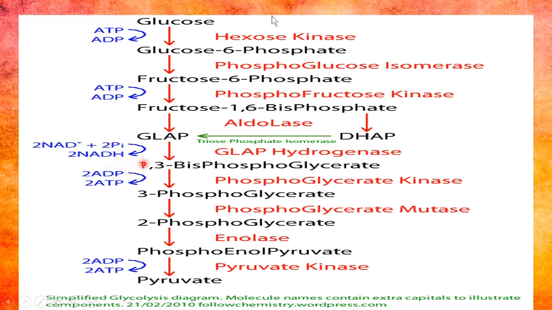During this reaction, the coenzyme NAD takes up 2 hydrogens and gets reduced to NADH2. Now we see the seventh step of glycolysis and second step of the payoff phase, that is ATP generation 1.